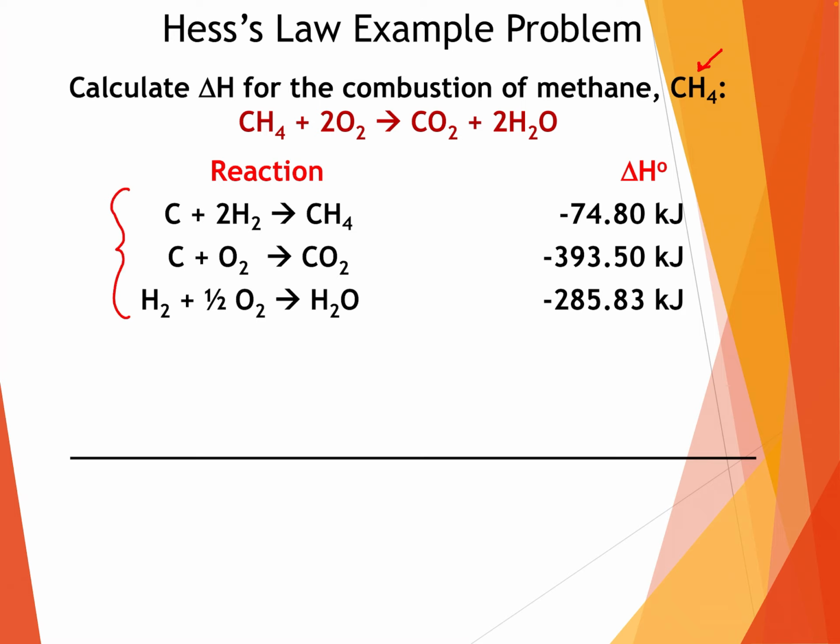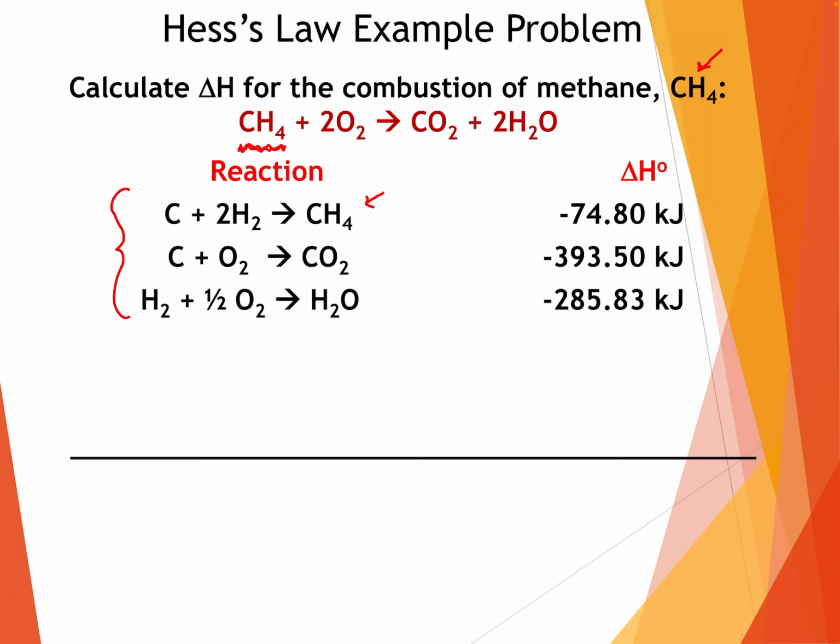If we look at this first reaction here, do you see that methane is on the wrong side? In our overall reaction, methane is in the reactants. But in this first reaction, we have methane in the products. That's not what we want. We're trying to make it match the overall reaction.